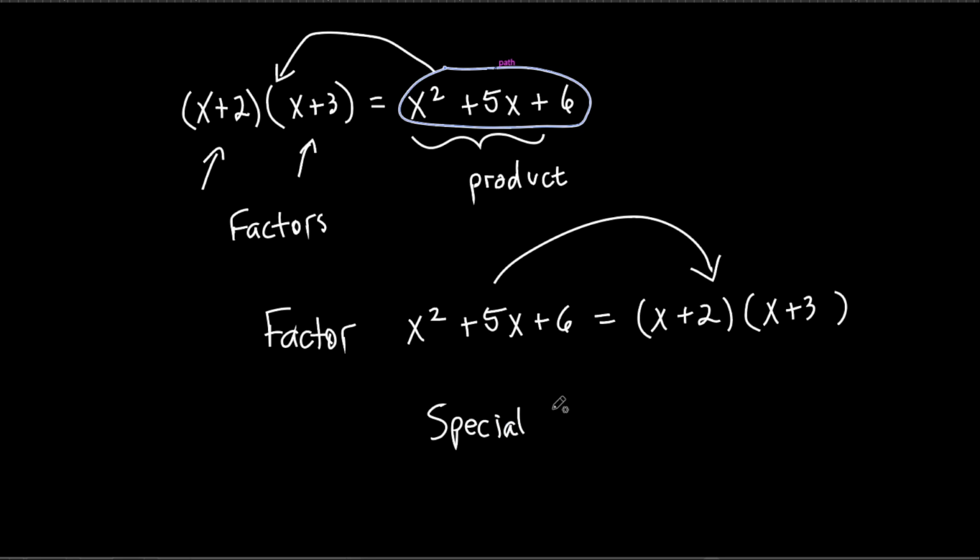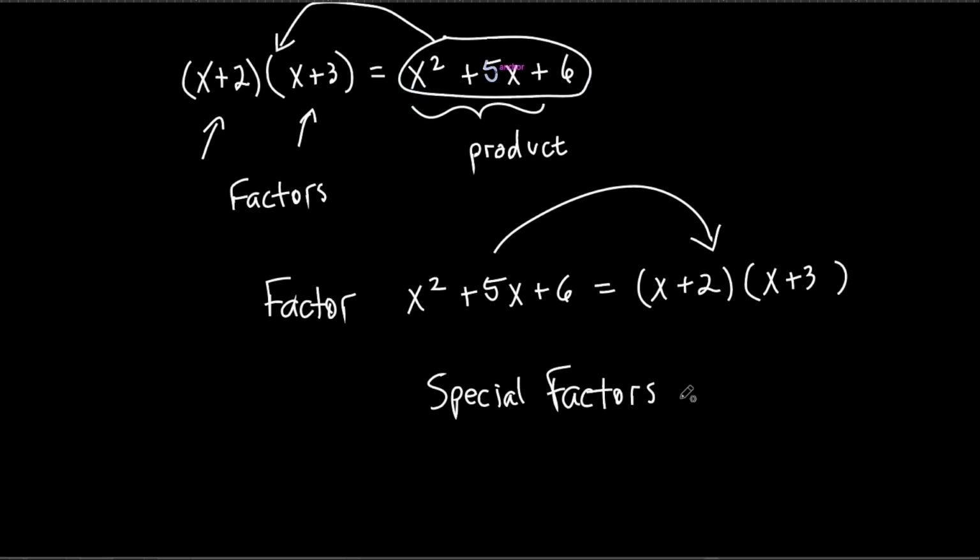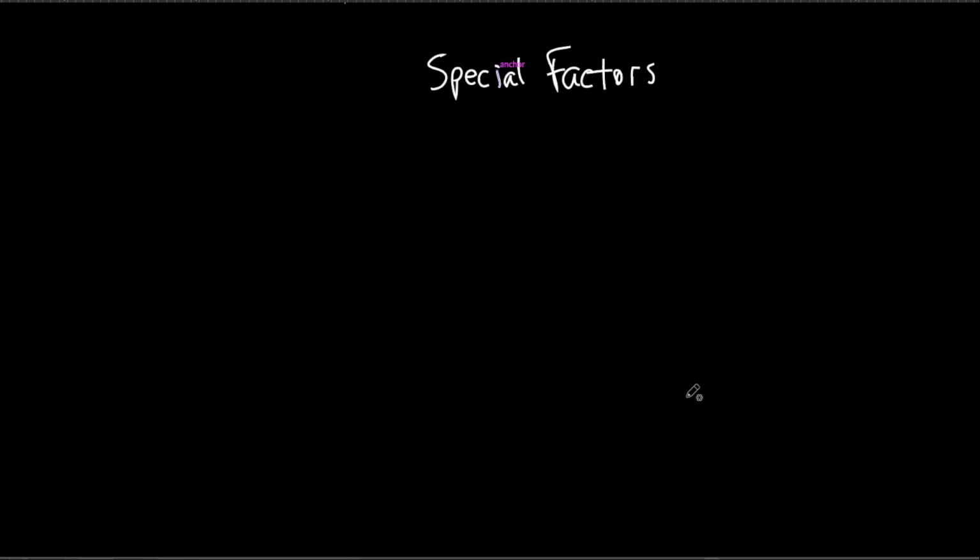I think they may call it special products, but we're just going to call them special factors. So these are ones that I'm going to show you what they look like. Hopefully we'll recognize what they look like, and we're going to be able to factor fairly easily.